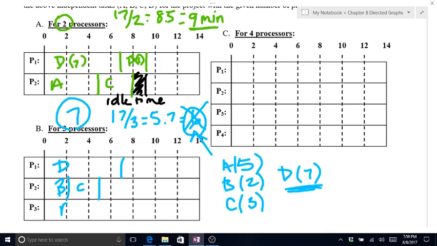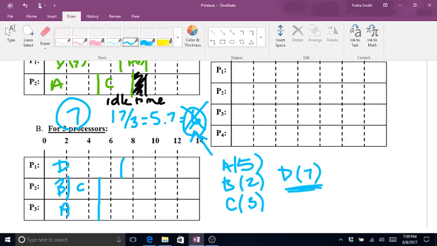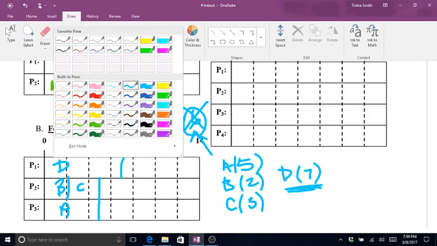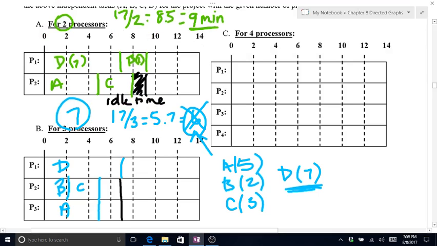And then I'm going to let processor 3 work on A, which takes 5 minutes. Okay. So again, we've got that idle time. 4 minutes idle.